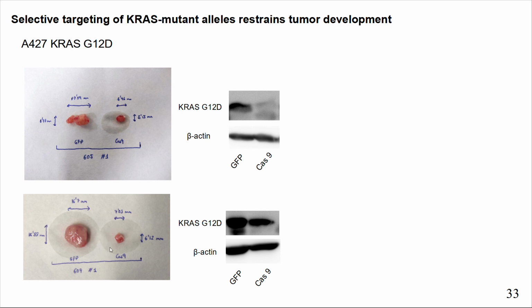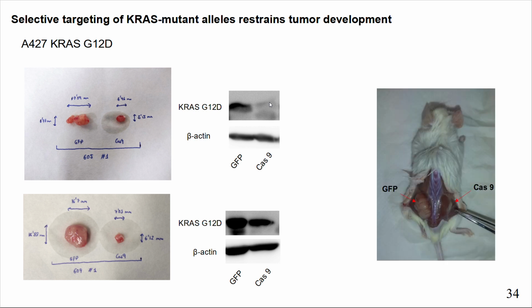For example, here we have a very nice reduction of the tumors. Also here we can see a loss of the KRAS mutant protein, and this mouse is only one of the cases in which we are not even able to find the tumors.